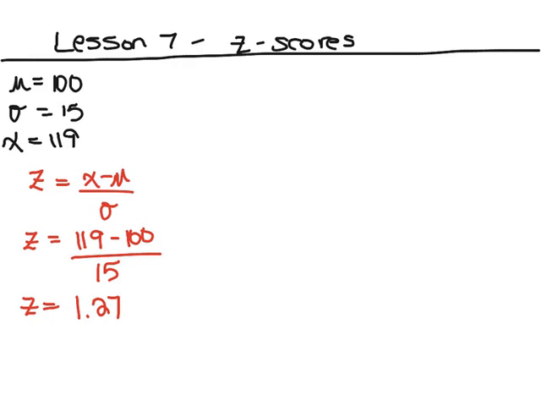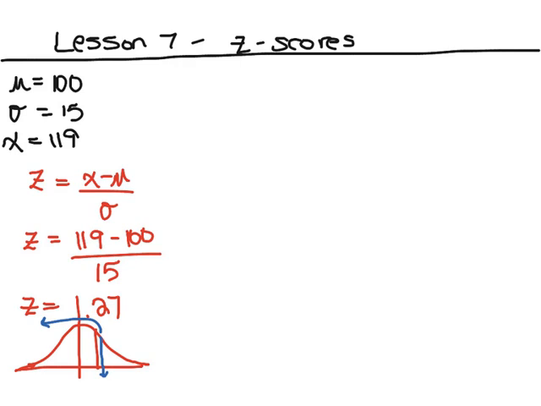That means on our normally distributed graph, here's the average, here's one deviation, and 1.27 is in here. So you're going to flip to the Z-score chart. This tells us the percentage to the left.